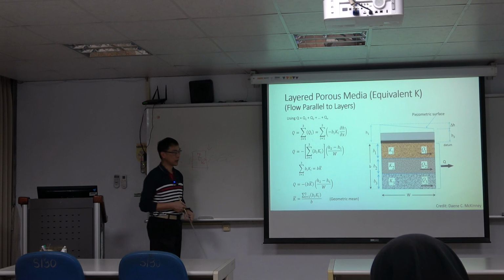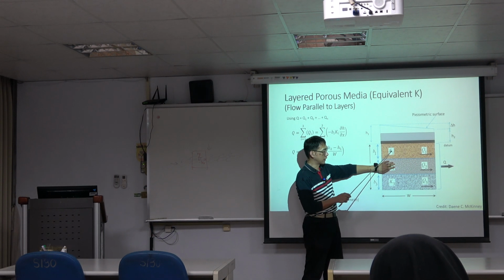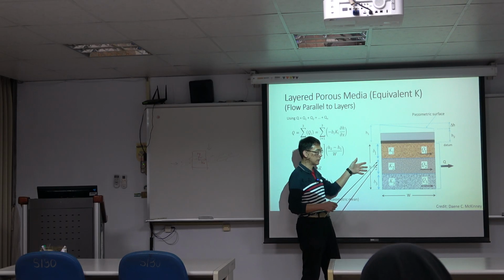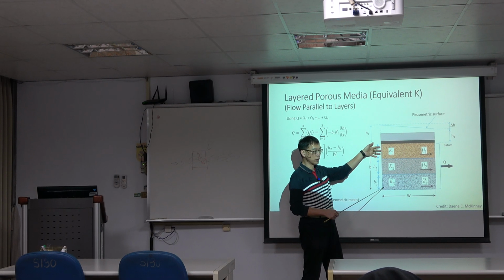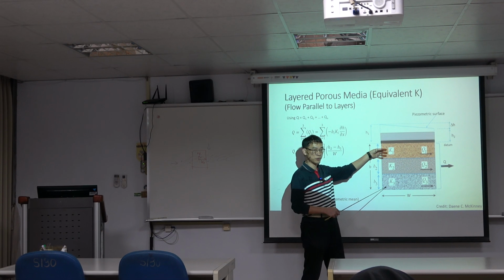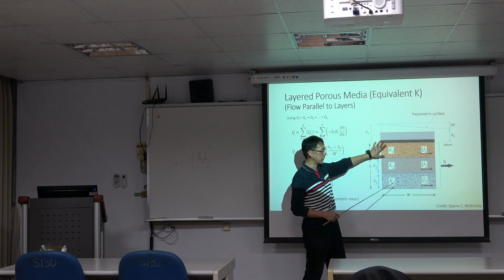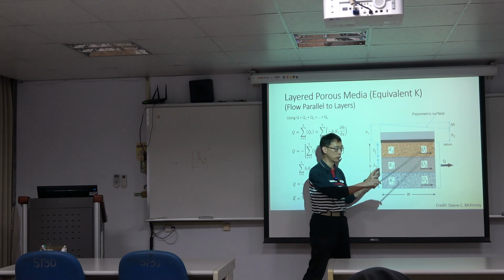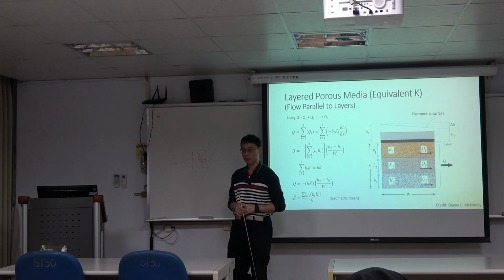And if you have these kinds of structures, you have low K value here, but you might have high K value here. And your water flows in these directions, when it touches this surface, most of the water will go into this area, trying to find the easy way to flow through. So most of the water will flow to the high K, so the equivalent K you get will be relatively higher, or approach your high K formation.